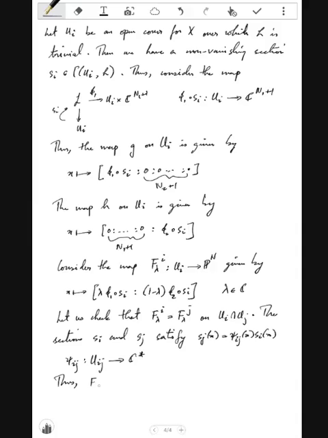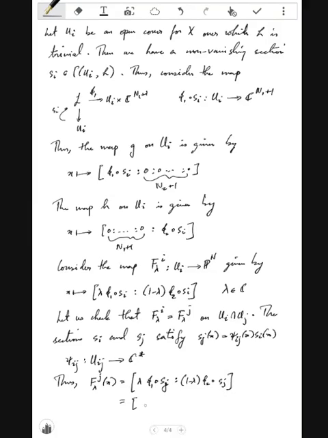Thus, f_lambda,j(x) is lambda phi_1 composed with s_j colon (1 minus lambda) phi_2 composed with s_j.